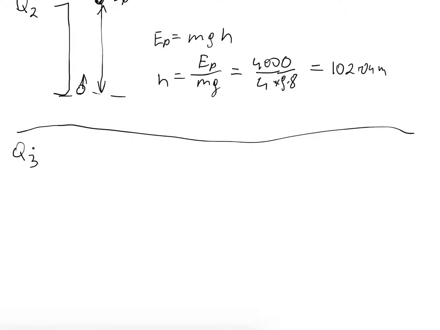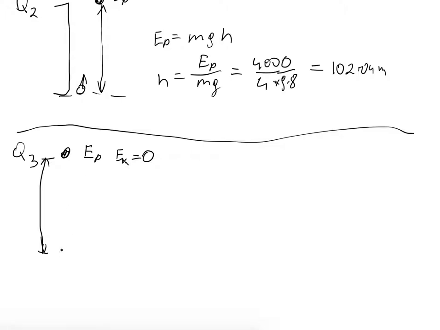In question number three, we're looking at a stone dropped from some height. We're looking to find its kinetic energy. I'll just draw it out a little bit more in detail. The stone comes from over here. It has some potential energy because it's at a height h. And it will have some kinetic energy, but that value of kinetic energy is equal to 0 because obviously the stone doesn't have any speed.